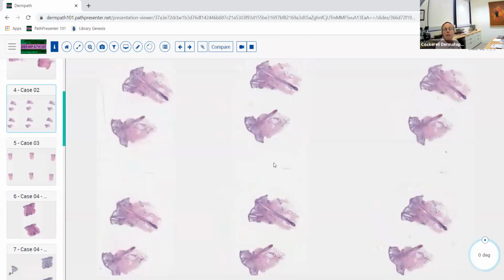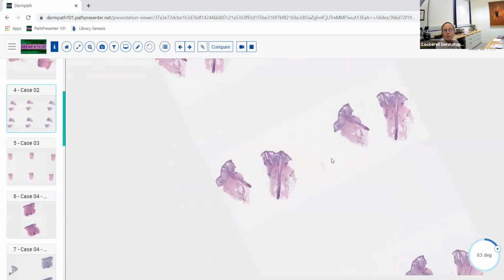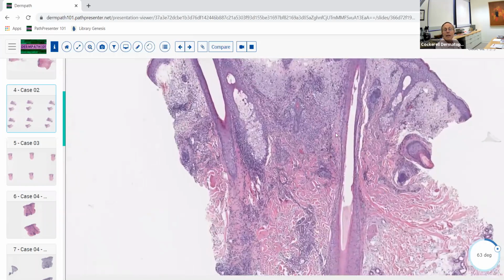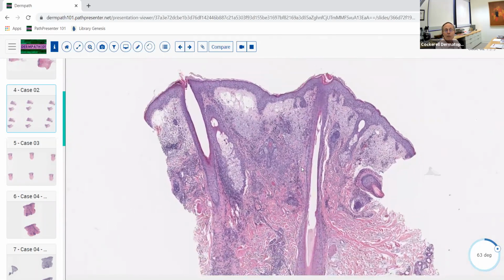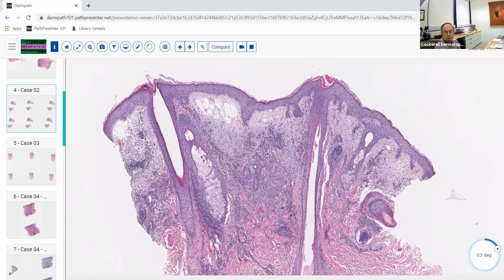Now the next one we're going to take a look at is if that same bacteria get down into the dermis and form more of a diffuse pattern, then we get cellulitis and erysipelas. And notice the pattern is completely different here. There's no involvement in the epidermis. So this is a bacterial infection of the dermis.